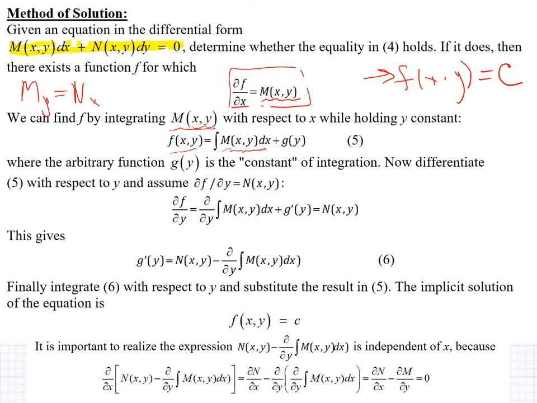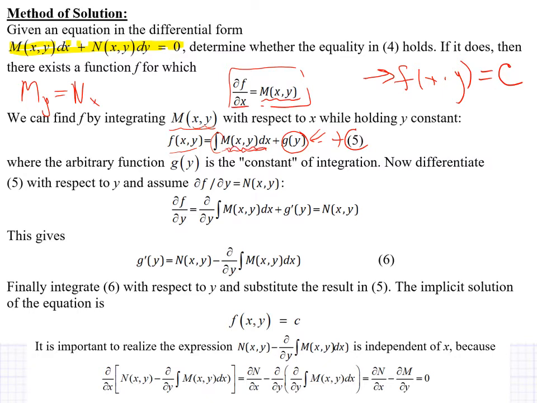Well, this integral right here is an indefinite integral. And so when you have an indefinite integral, you usually have a plus c after you integrate. Well, this right here is our plus c. Why? It's not a plus c, right? You see it says g of y, not plus c. Well, the reason why it says g of y is because, remember, y is treated like a constant when we do this integration.